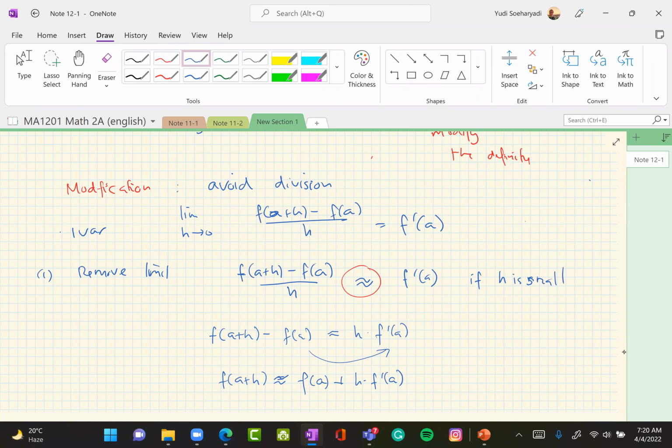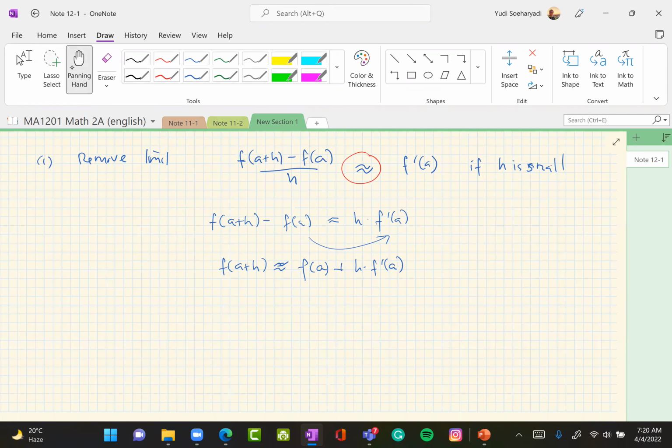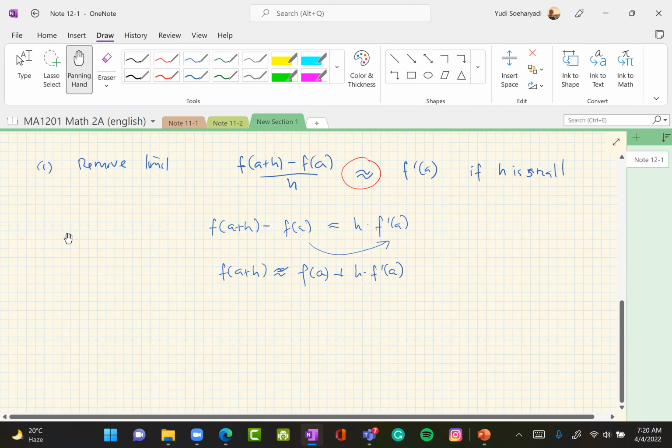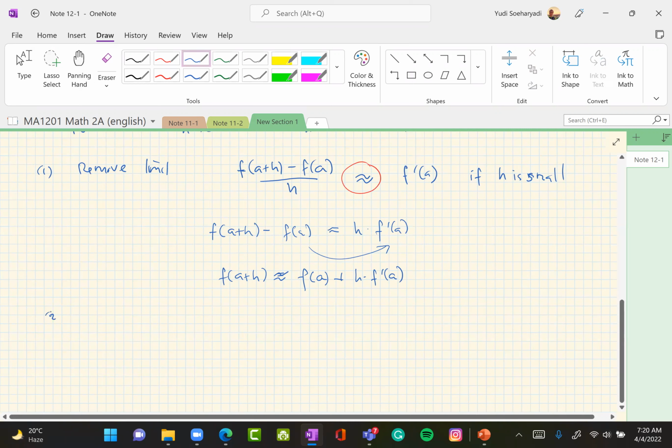If you'd like to have the equal sign, then we should put in the difference, some error. The error should be small.